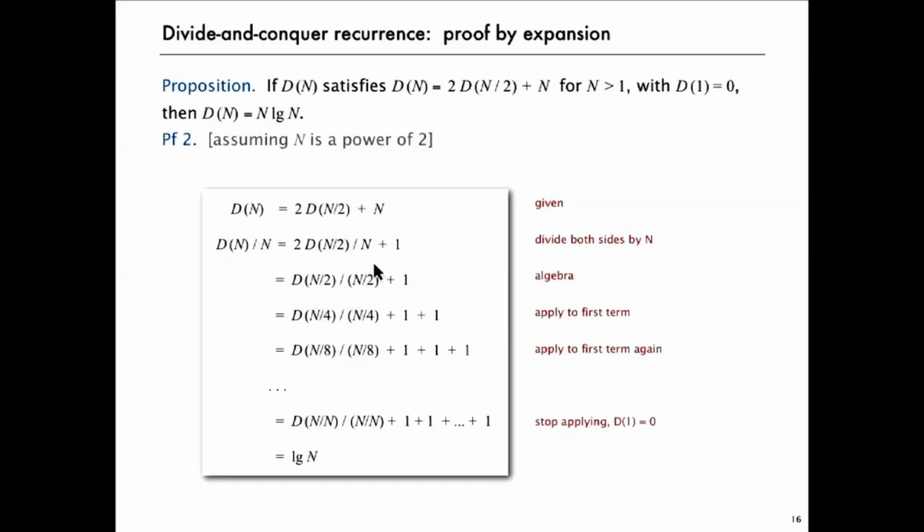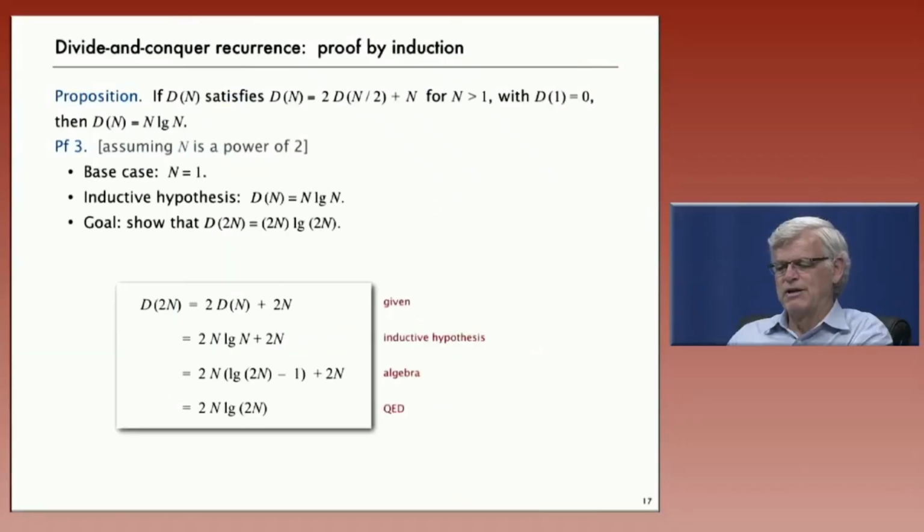The first term on the right-hand side is exactly the same as the left-hand side, so we can apply the same formula. And all it does is divides by 2 again and then throws out another 1. And we keep doing that until we get down to d of 1, which is 0. And when we've done that, we've thrown out log n 1s. So we get d of n over n equals log n, or d of n equals n log n. That's another proof by expansion.